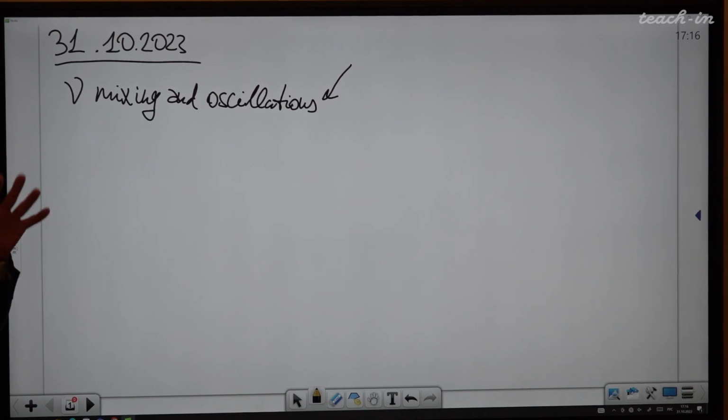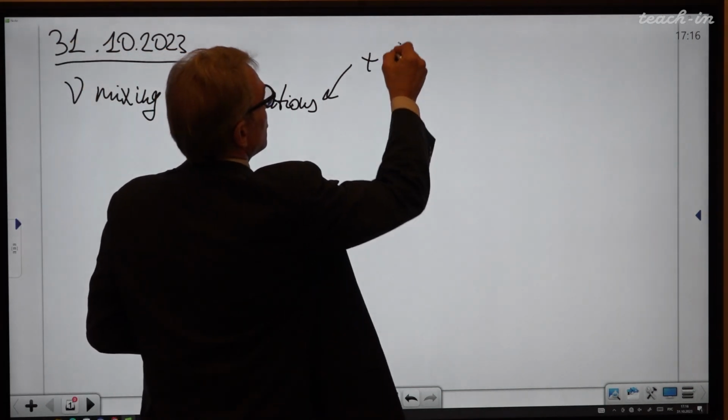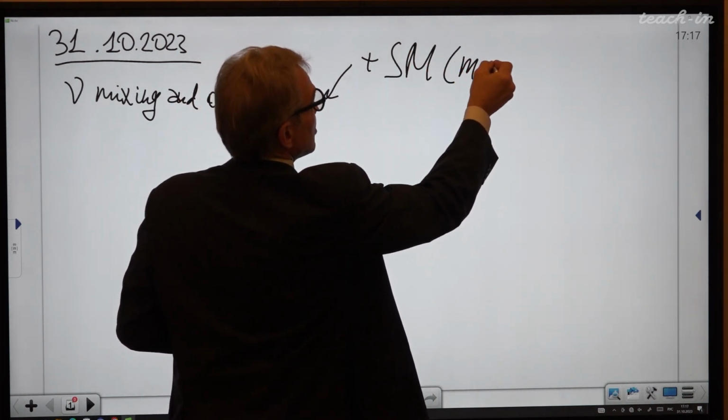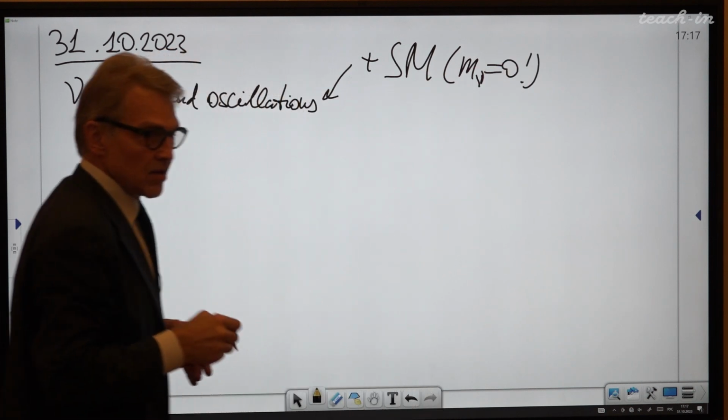This idea was then confirmed in the analysis of neutrino flux measurements in different laboratory experiments from different sources. This is what we have been obliged to include in addition to the standard model, where the mass of the neutrino is exactly 0, and there is no mixing, no oscillations.